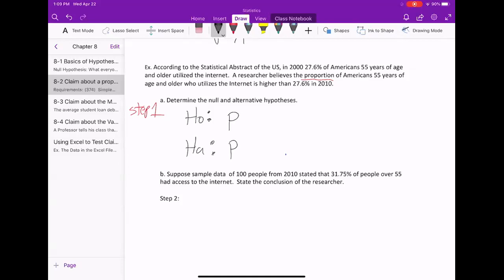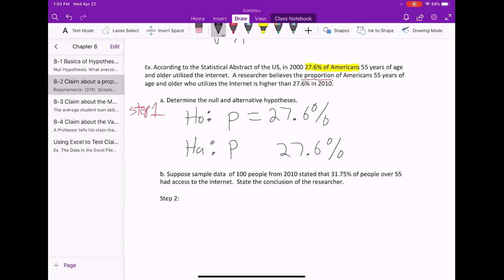The null is always equal to. And what is the null equal to in this case? The 27.6% of Americans using the internet. Now, what I always do, as soon as I write that value there, I also write it below, because the null and alternative have to be set to the same value.